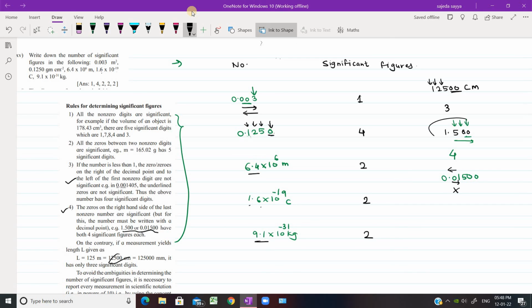But as per this rule, the zeros after the non-zero digits are taken into consideration, because they play a very important role in sharing information about how accurately, or by which instrument, the measurement is done. Therefore, they are significant. So the non-zero digits 1, 5, and then these 2 zeros give the significant figures in this number.